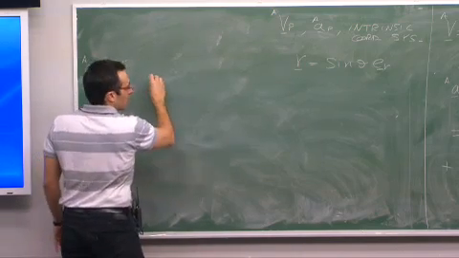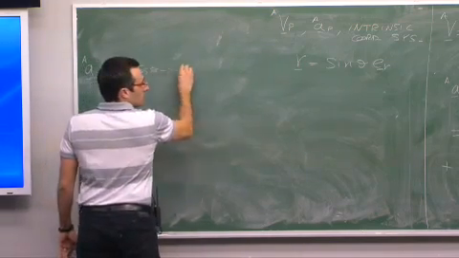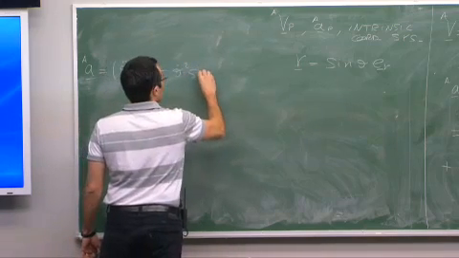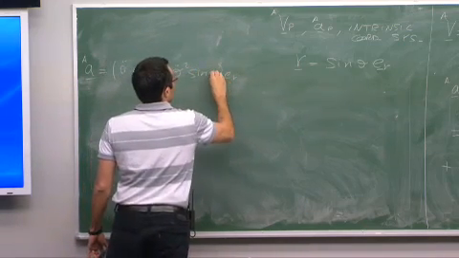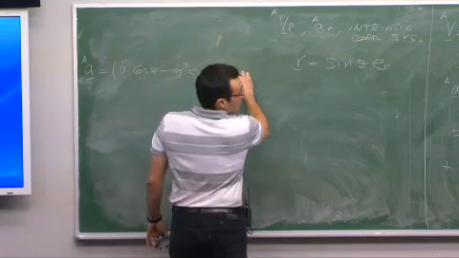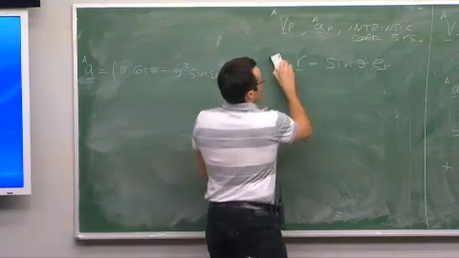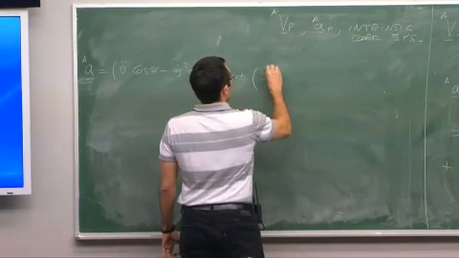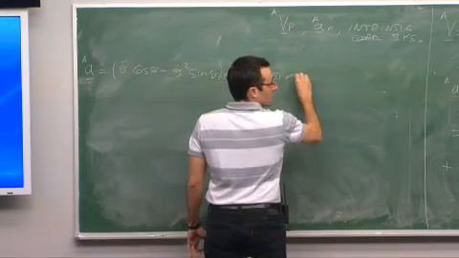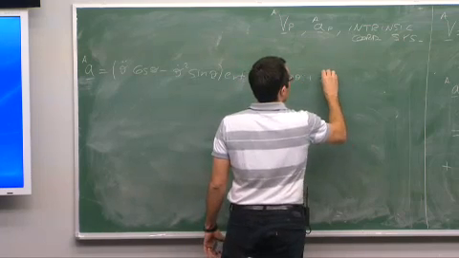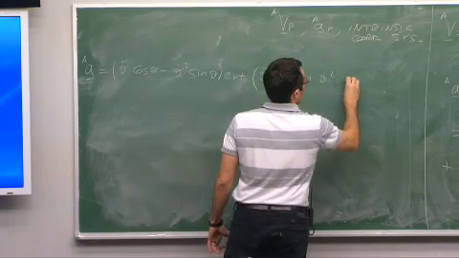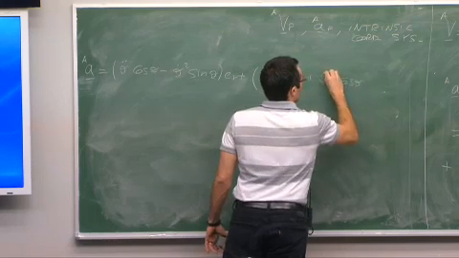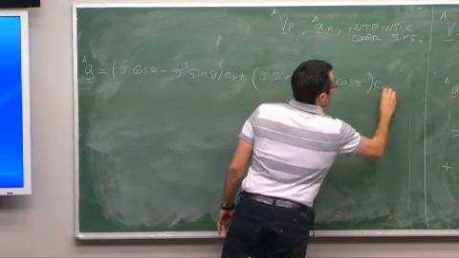Theta double dot cosine of theta minus theta dot squared sine of theta e r, plus, we know this, theta double dot sine of theta plus theta dot squared cosine of theta e theta.